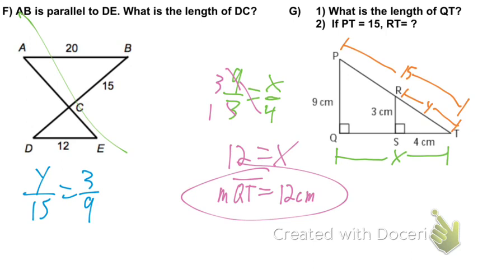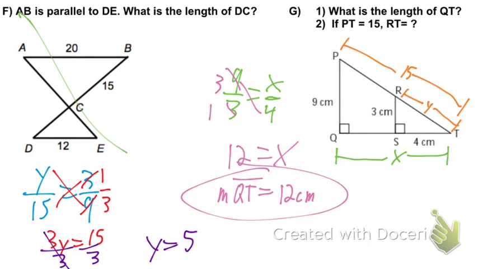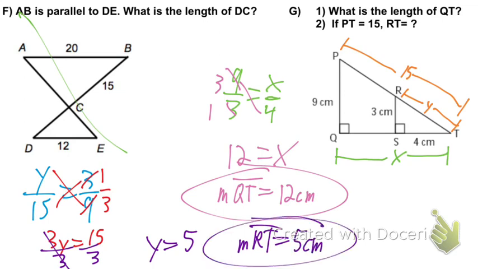Yep, 1 over 3. Cross multiply. 3y is equal to 15. Divide by 3. Y is 5 centimeters. So the measure of segment RT is 5 centimeters. With this information, could we find QS and PR?